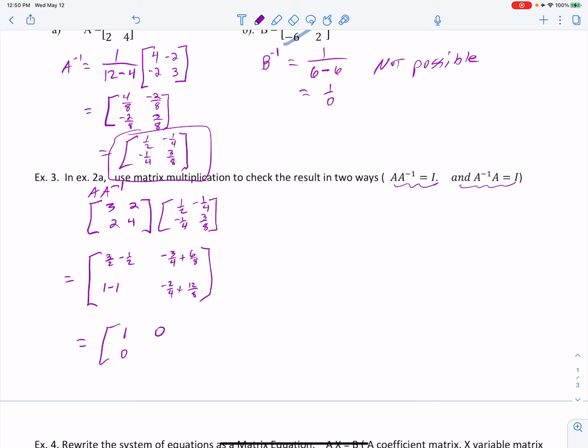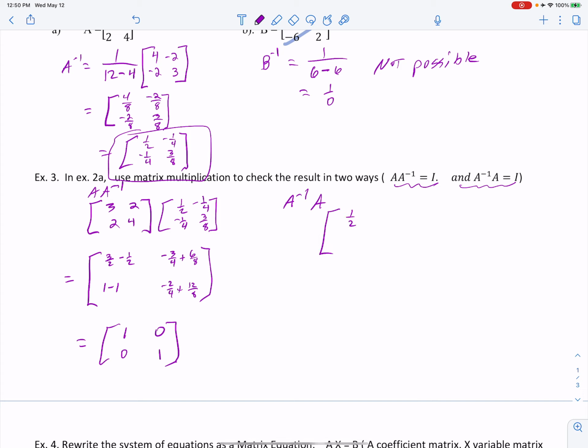And anyways, that is going to come out to be 8/8 or 4/4, and it comes out to be 1. And so there, I've multiplied and I showed that they are inverses. But then I can also do this, A inverse times A and show that that's the identity. I want to show both of these.